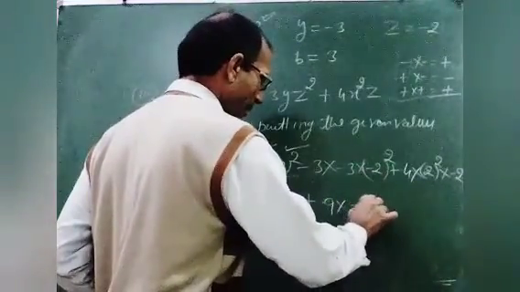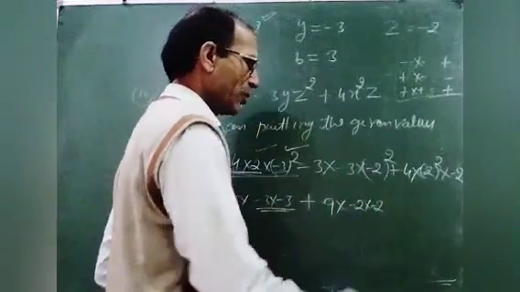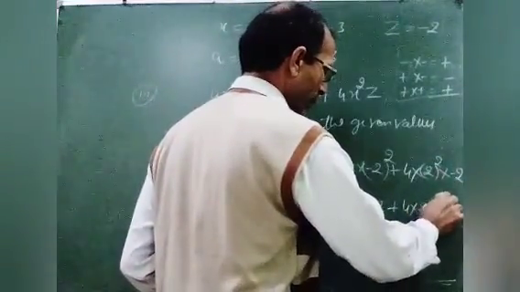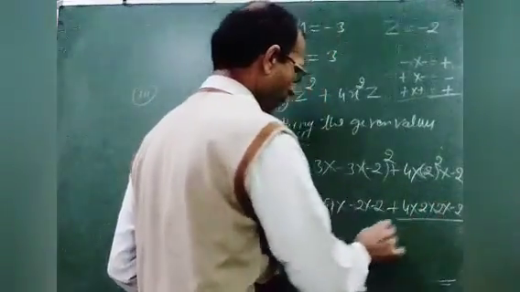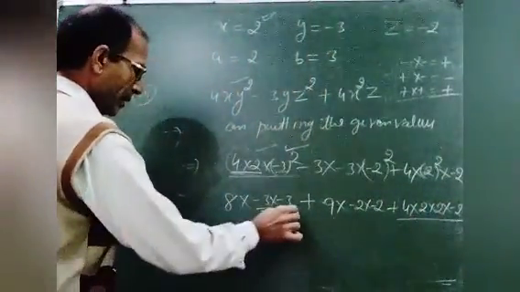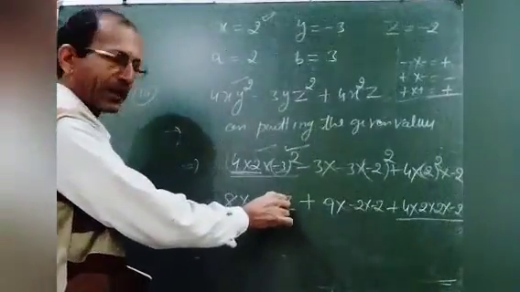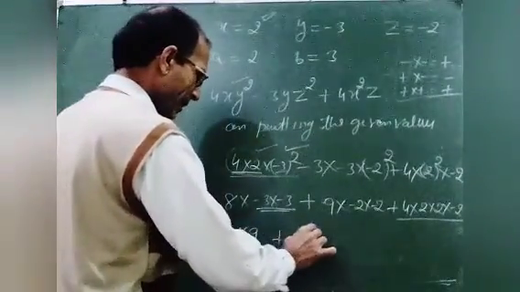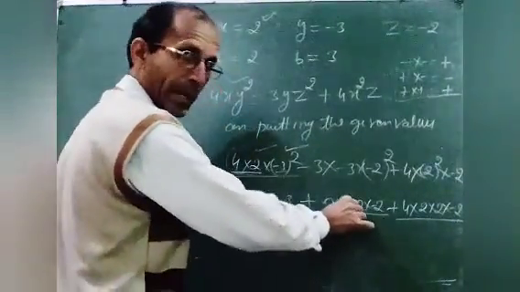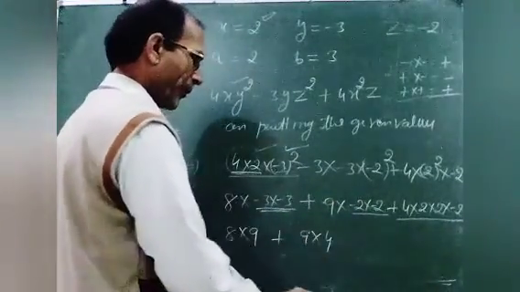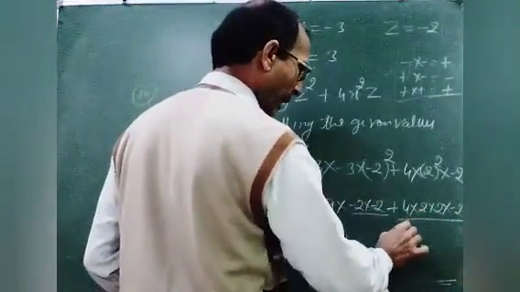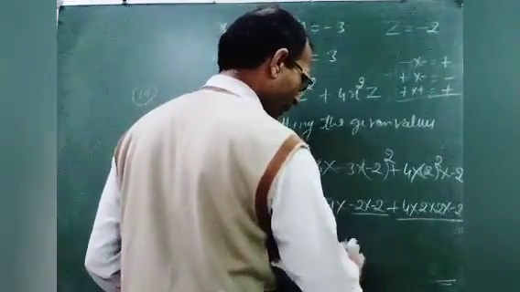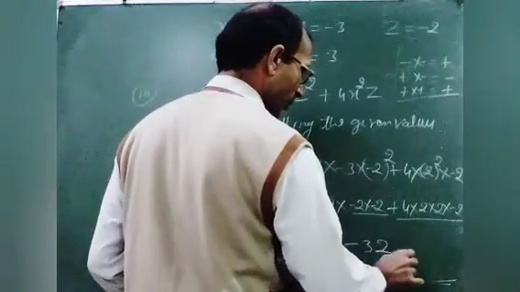And minus 2 square means minus 2 multiplied by minus 2, which is 4. Then 4 multiplied by 2 multiplied by 2 is 16, and 16 multiplied by minus 2 is minus 32.